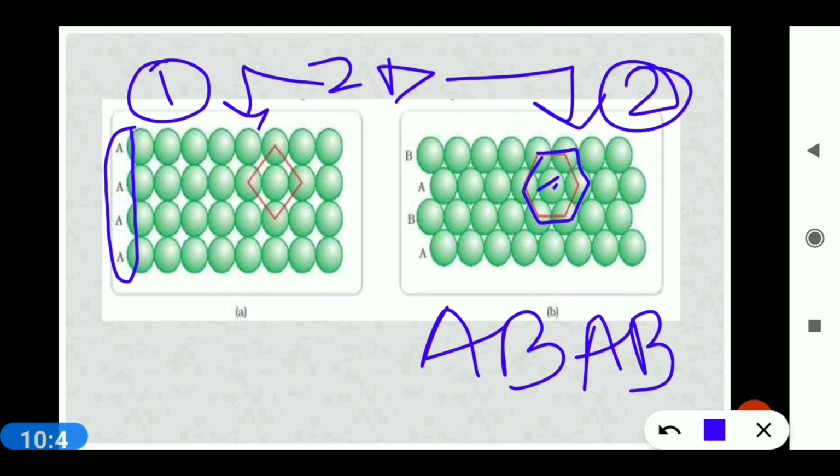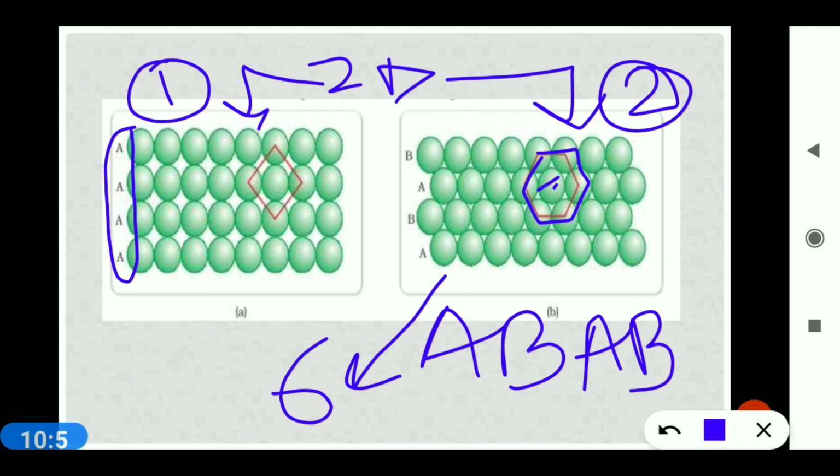So the coordination number in this case will be 6. Coordination number means the nearest neighboring atoms, and this arrangement is called two-dimensional hexagonal close packing.